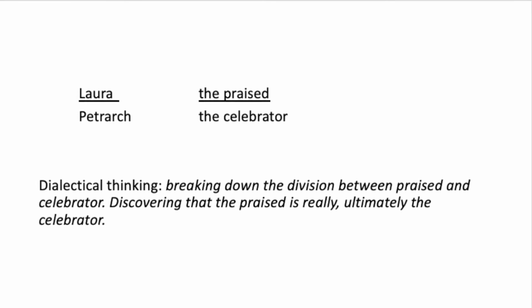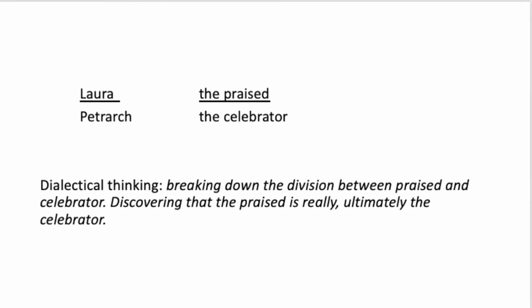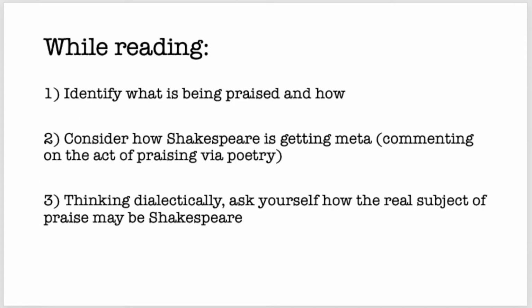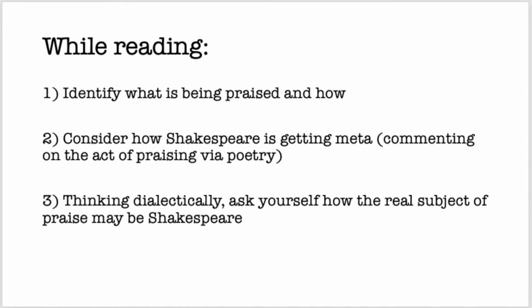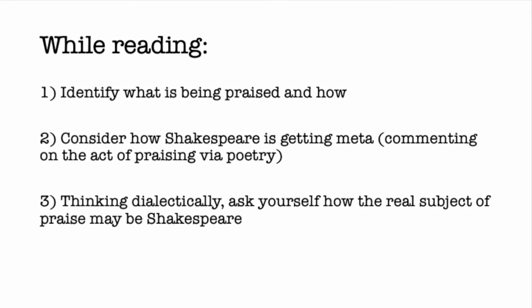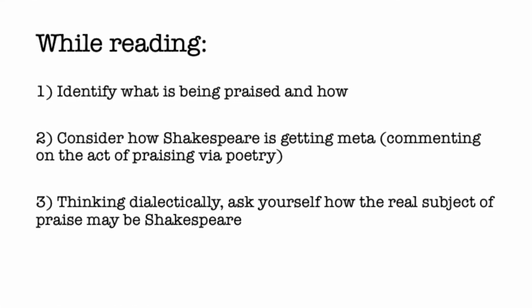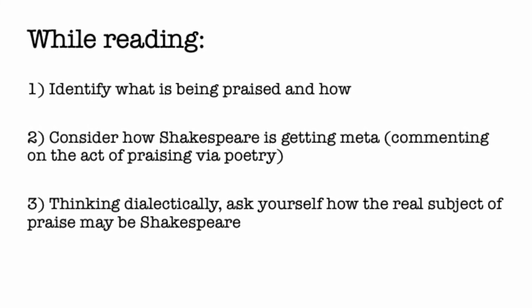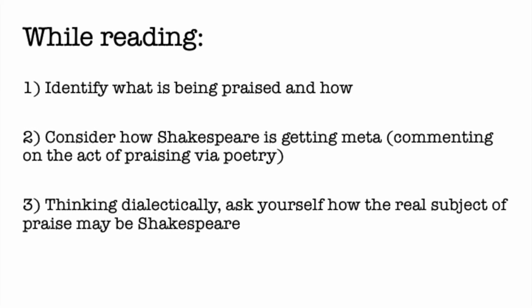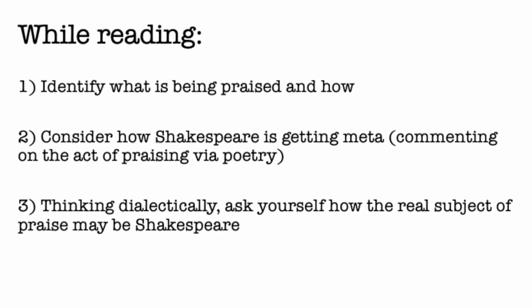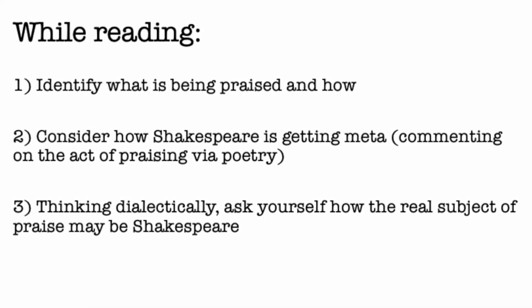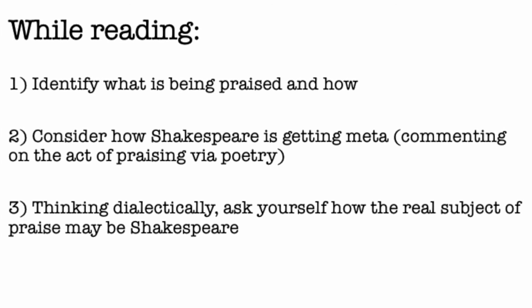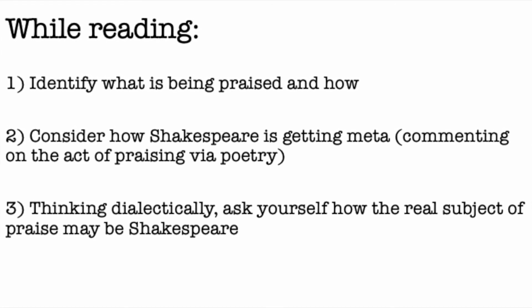As you read Shakespeare's sonnets, please do this. First of all, ask yourself, what is being praised? Then think carefully about how Shakespeare is engaging in the task of praising. What literary devices, poetic forms, themes, images, etc. is he evoking in order to praise, to be epideictic?